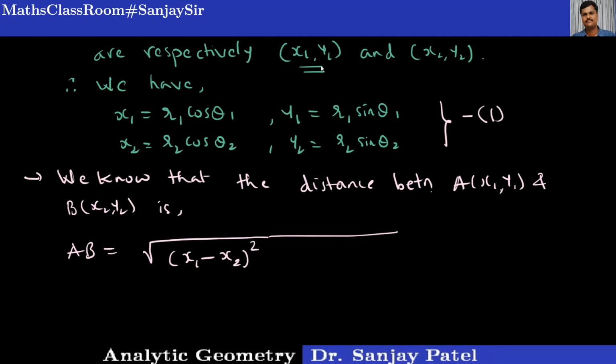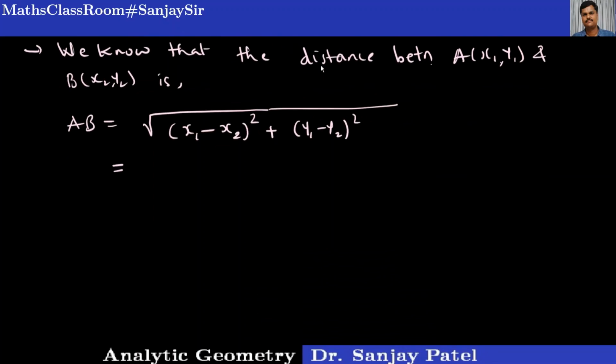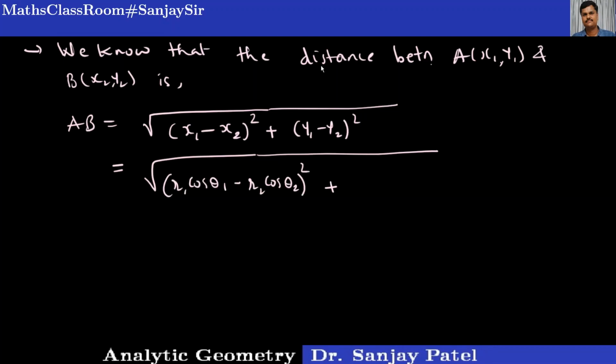You know the formula, difference in the x coordinate square plus difference in y coordinate square. And let us plug in the values from equation 1. So what I will get is x1 is equal to r1 cos theta 1, x2 is equal to r2 cos theta 2, square, plus y1 is r1 sin theta 1 minus y2 is r2 sin theta 2, square.